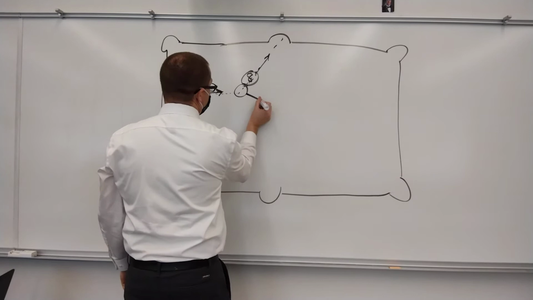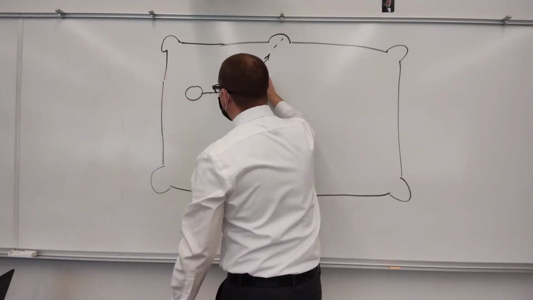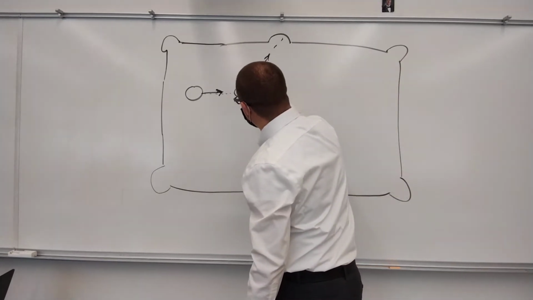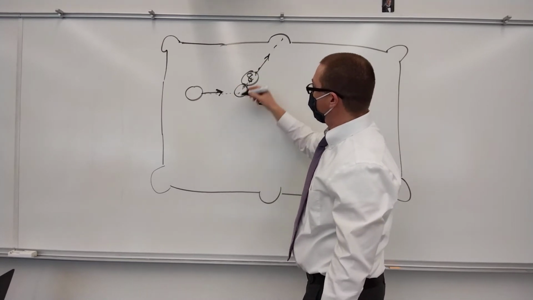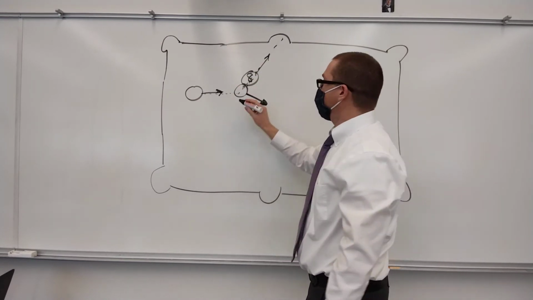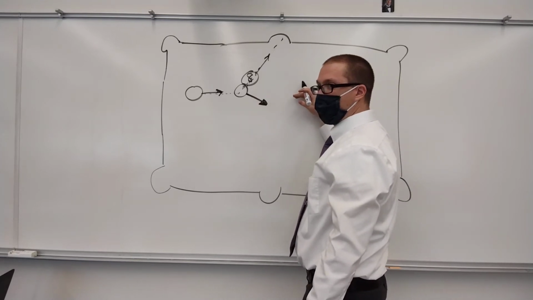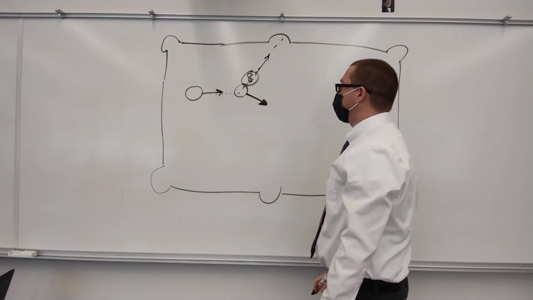Now, it does that because momentum is conserved. And remember, momentum is all about forces, right? So when this hits here, the cue ball experiences a force that way, down and backwards actually, right? So it's going to have to slow down its x velocity a little bit and gain a little y velocity, right?